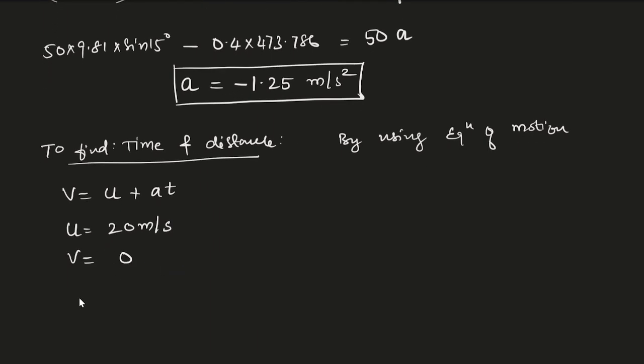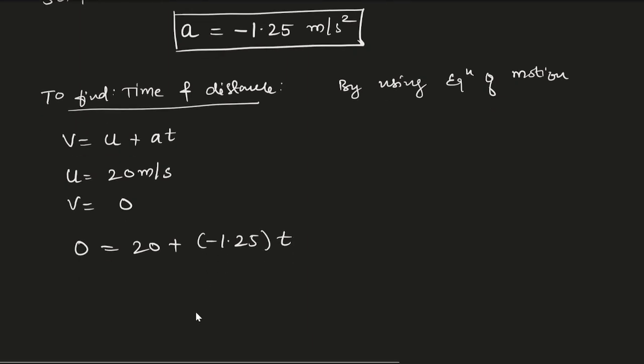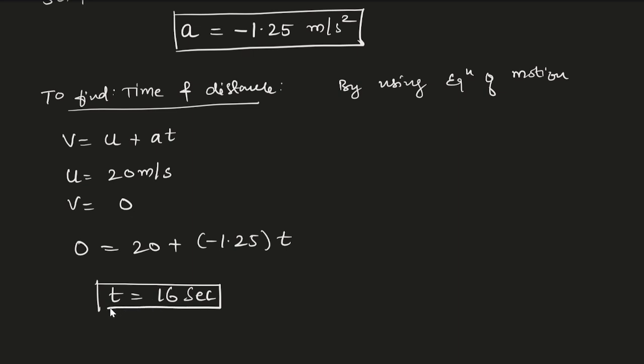Putting the data in the equation, 0 equals 20 plus minus 1.25 into t. If you do the calculation, we get t equal to 16 seconds. So we found one sub-question, that is time, and by using the equations of motion again we can find the distance.